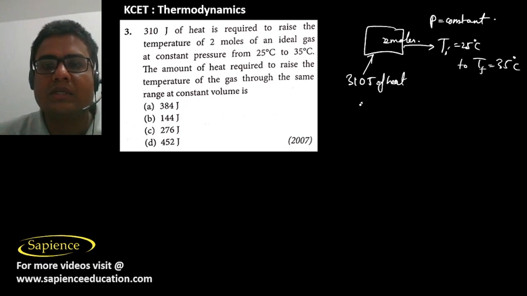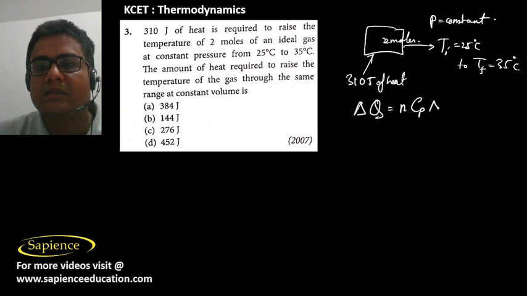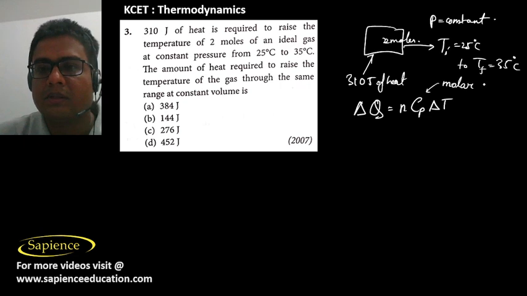So we know that delta Q is equal to n Cp delta T when heat is supplied at constant pressure, then we should use Cp, which is the molar specific heat at constant pressure.